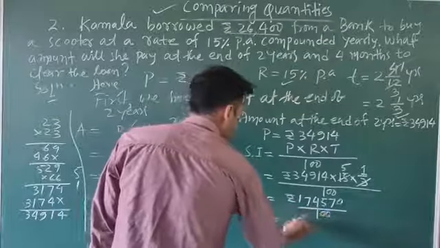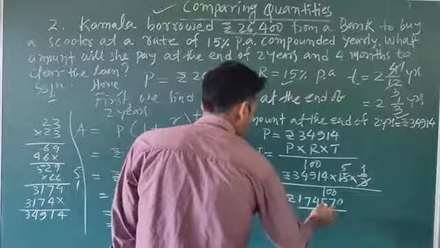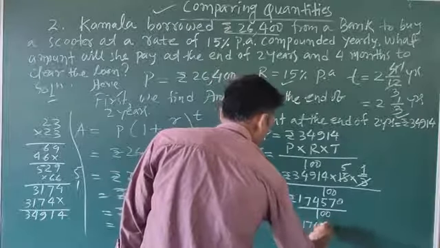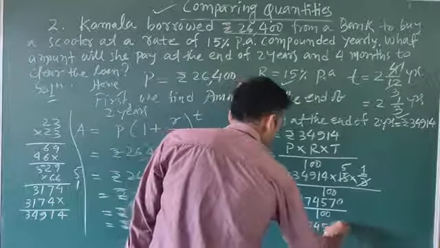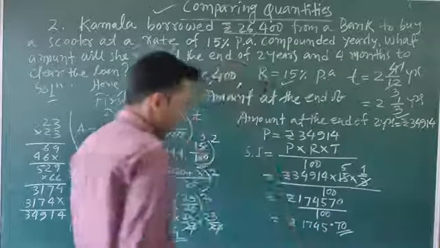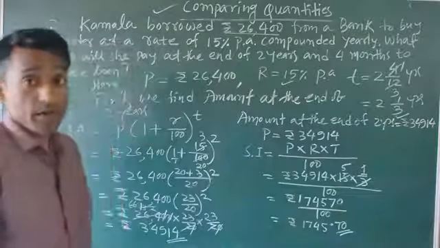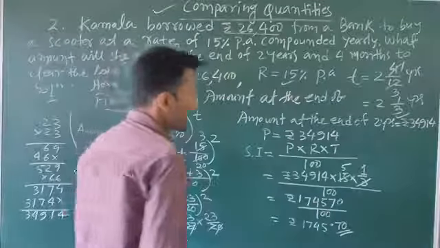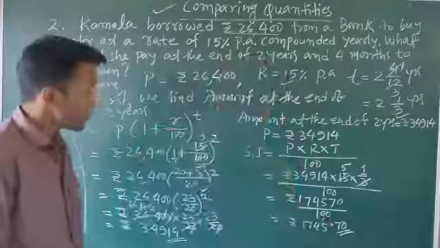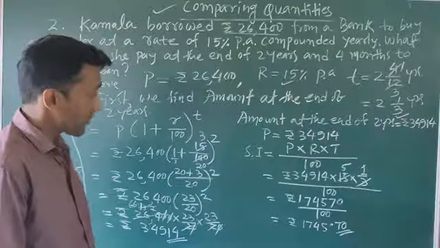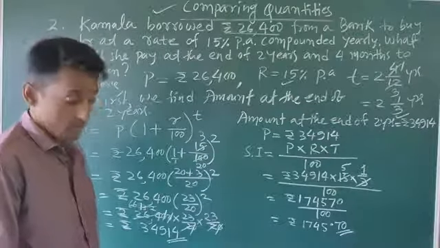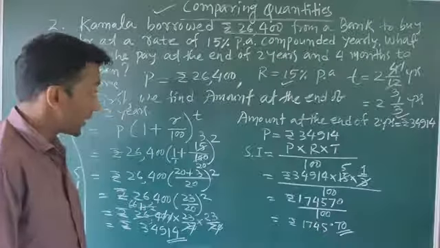If you divide a number by 100, the smallest 3-digit number, it becomes 2 decimal places. Always remember this. Simple interest for 1/3 years is 1,745.70 rupees.